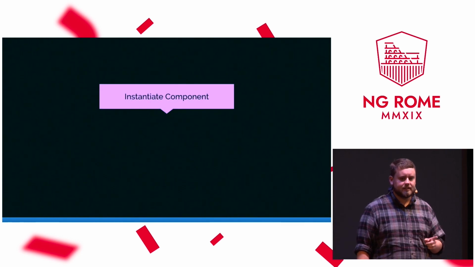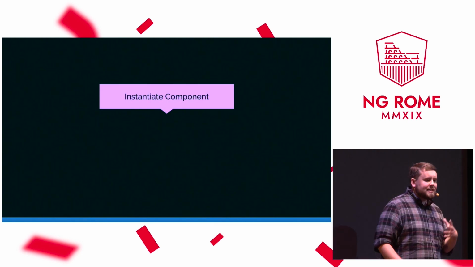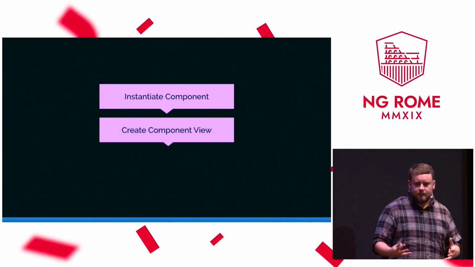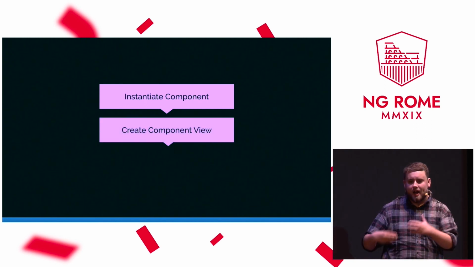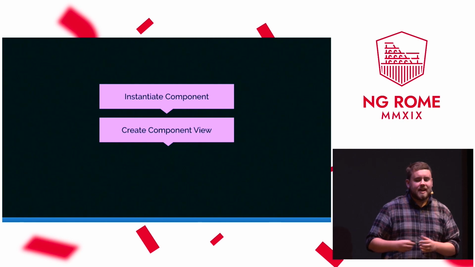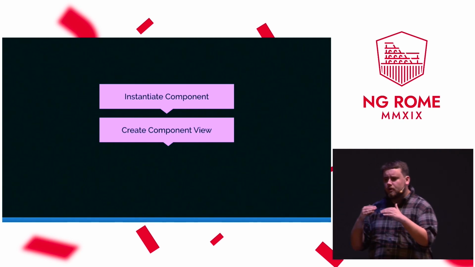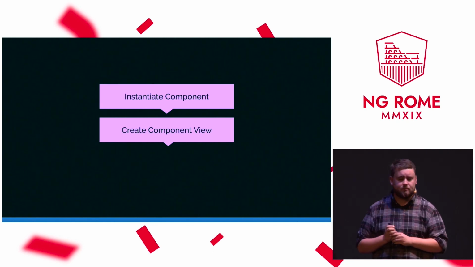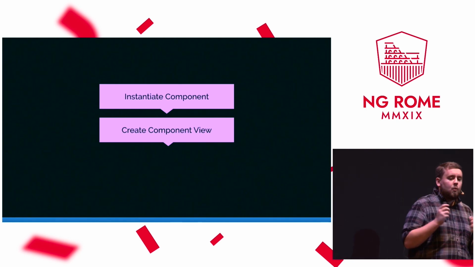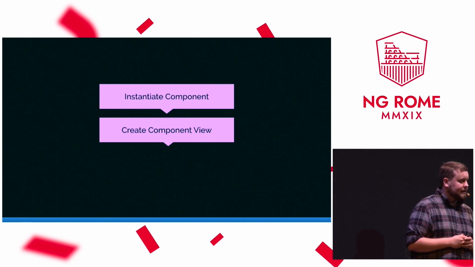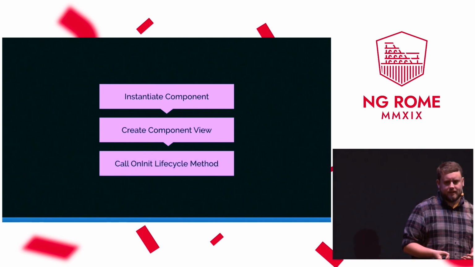Then it initializes the view data that your component needs to track that view over time. It's going to bind these two together, right? Remember I said that Angular underneath the hood keeps this binding in place. Once that binding is initialized, it's then going to call the onInit lifecycle method.